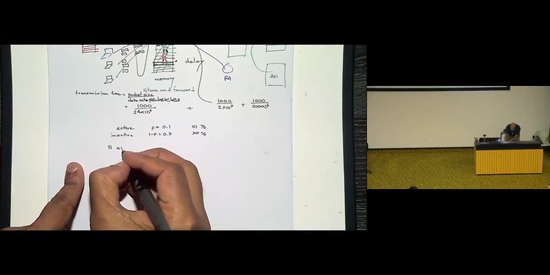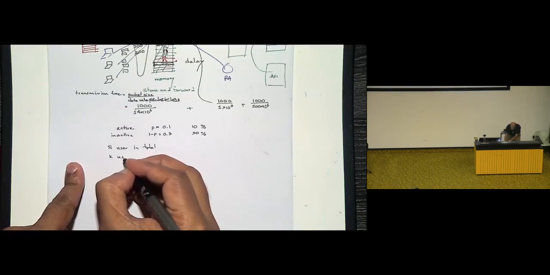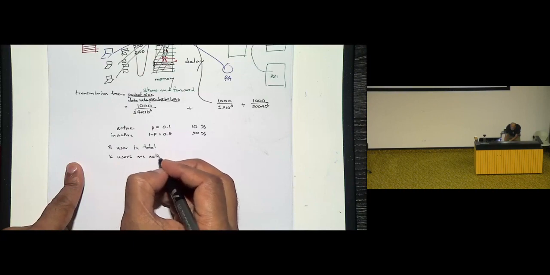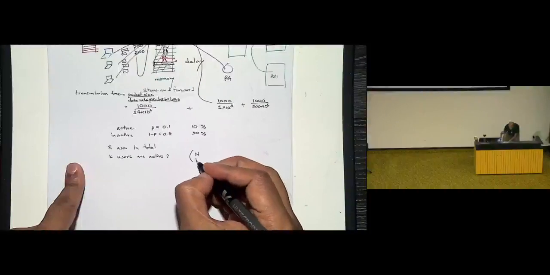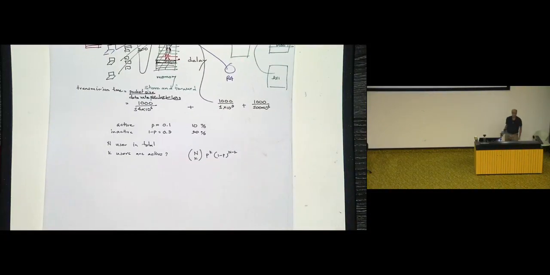Right? So if I have, let's say, n users in total, what is the probability that k users are active? This is n choose k, p to the k, 1 minus p to the n minus k.